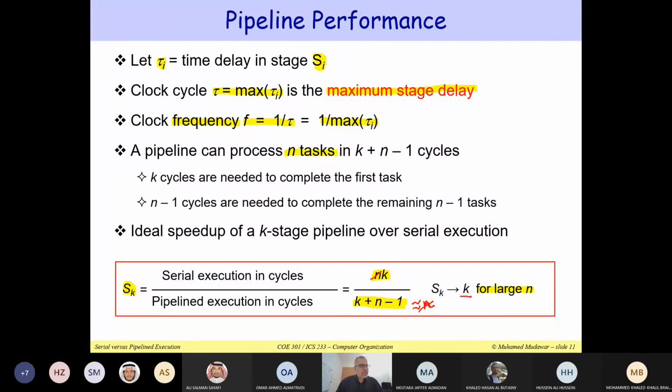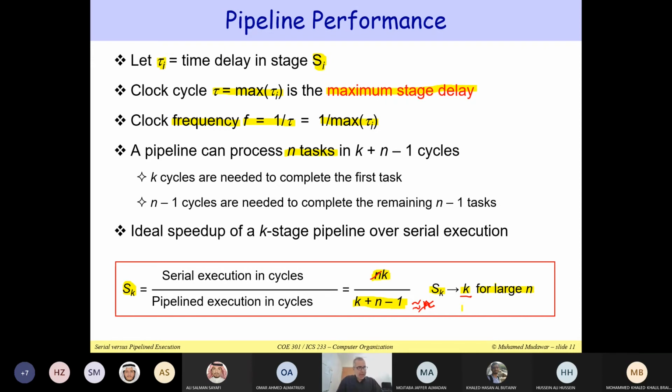Now that's expected. You get the speed up of a K stage pipeline to be approximately equal to K for large N, which means that you have K stages that are operating in parallel. So the speed up S sub K will be approximately equal to K for large N, and the reason is that you have K stages that operate in parallel.